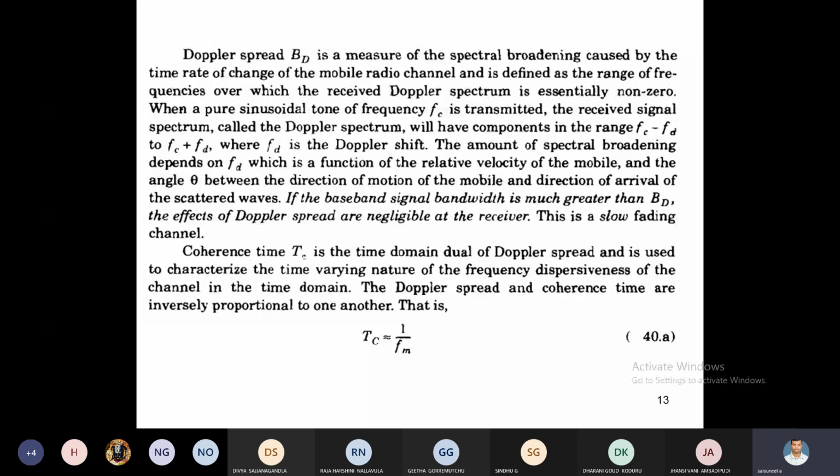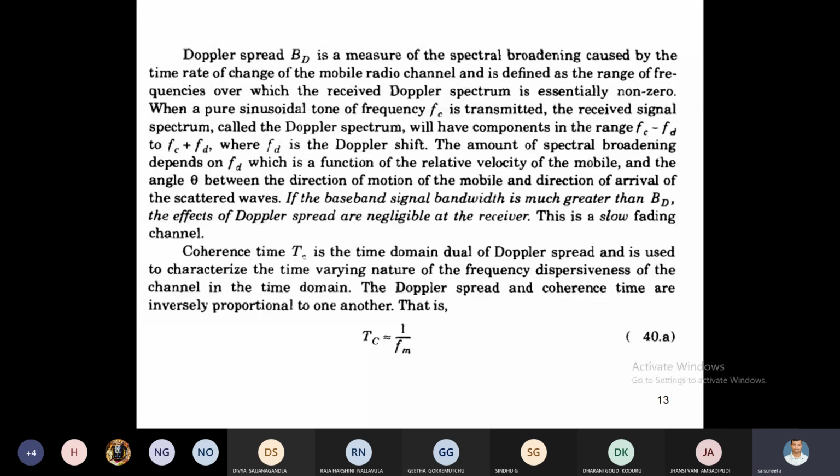Suppose we assume that FC is the probing pulse or carrier frequency and FD is the Doppler shift. Based upon these, the Doppler spectrum ranges from FC minus FD to FC plus FD.